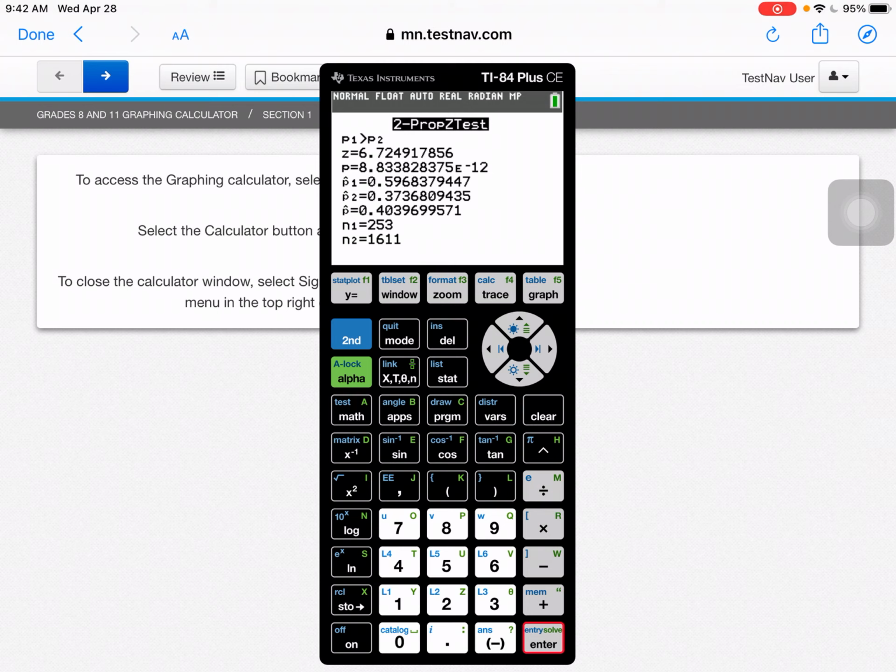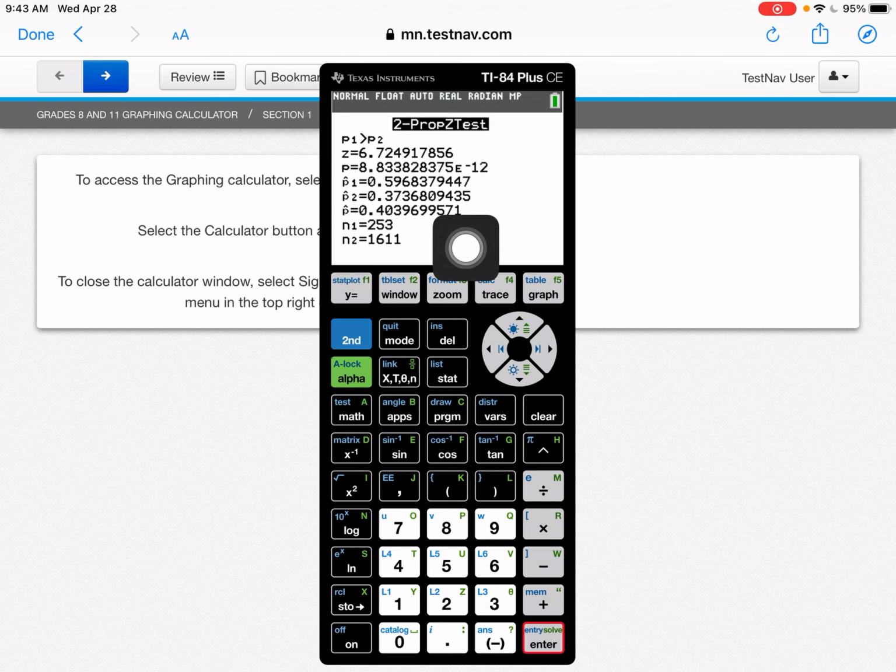And then you can see that we have a very similar z-score and p-value to what we had when I did this problem in the last video. You'll also see that it has the combined sample proportion, that 0.404 number right here. It gives it to you just as p hat.